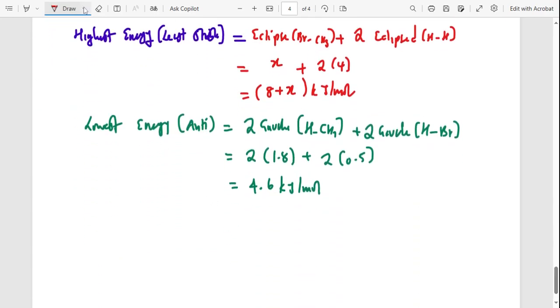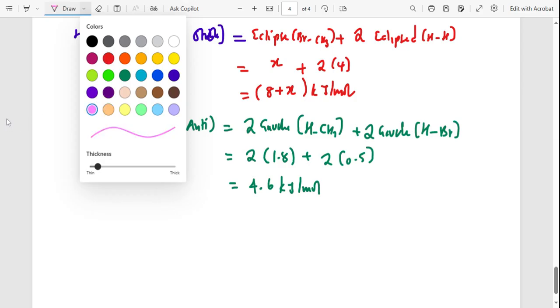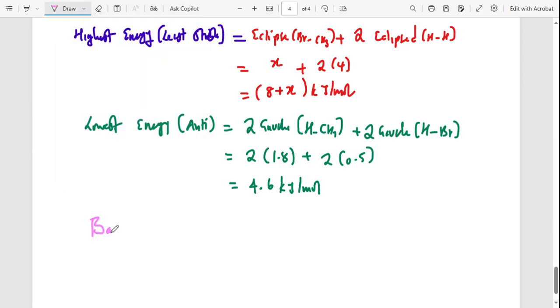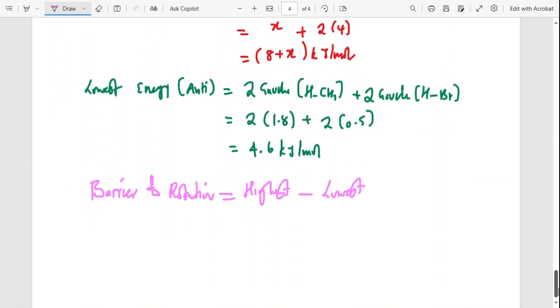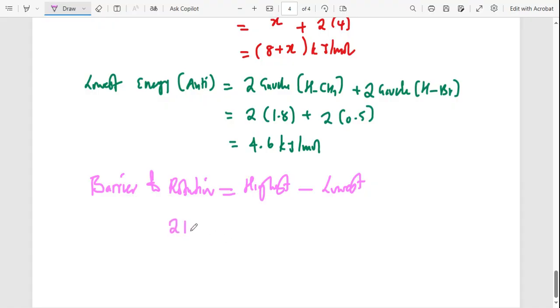So the barrier to rotation is basically the energy difference between highest minus lowest. And they already gave us the value for the barrier to rotation, and that is 21 kilojoules. So that is going to be 21 is equal to highest, 8 plus X, minus lowest, 4.6.